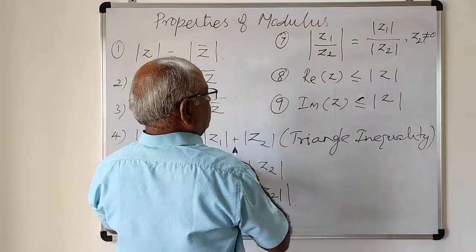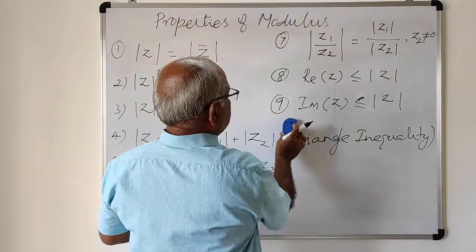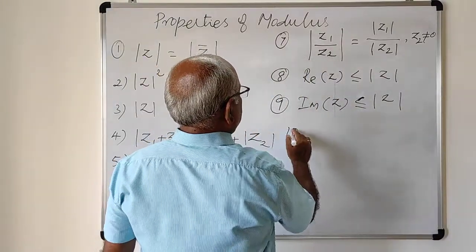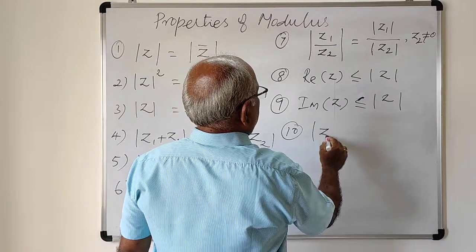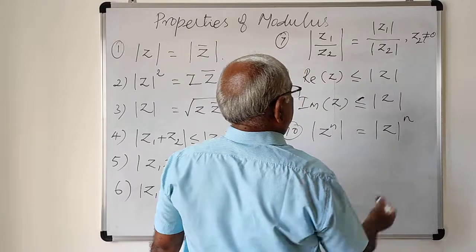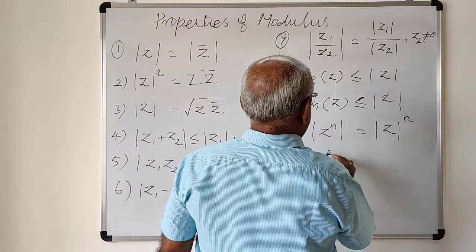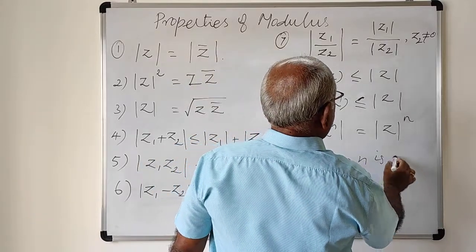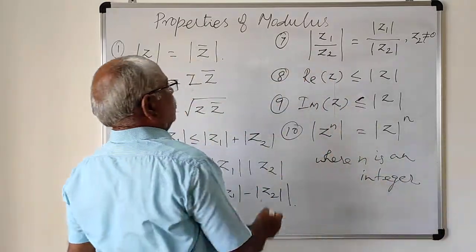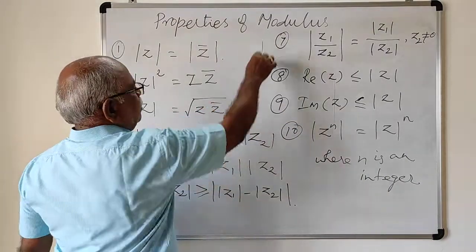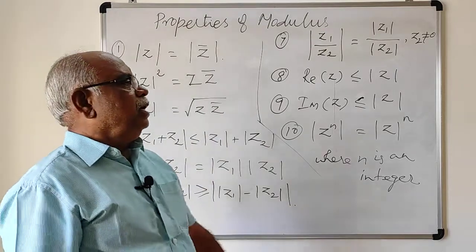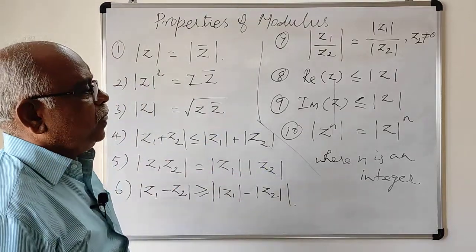And the tenth one, modulus of z power n is equal to mod of z power n, where n is an integer. You remember these 10 properties. Using these properties, we are going to solve the problems also.